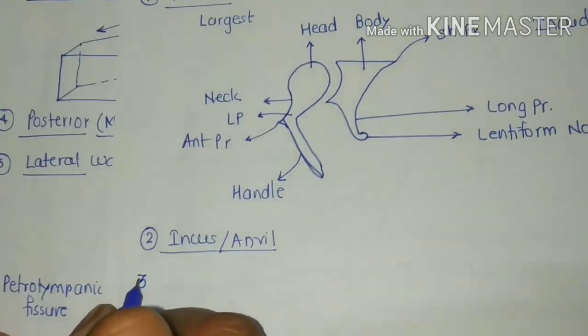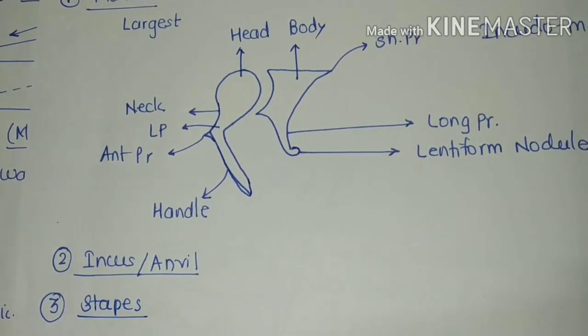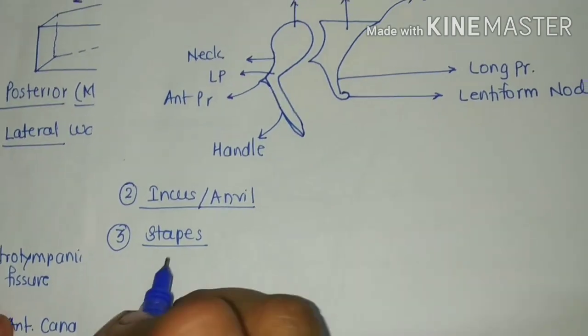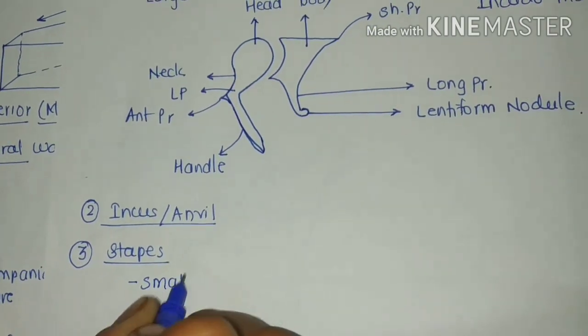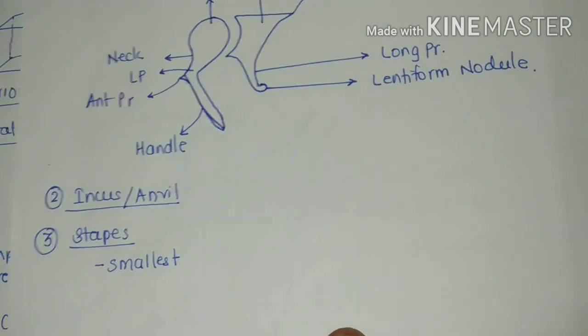Now coming to the third ear ossicle, that is the stapes. It is so called because it is shaped like a stirrup, and it is the smallest and most medially placed ossicle in the middle ear.